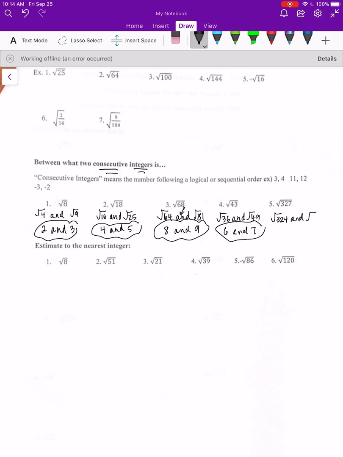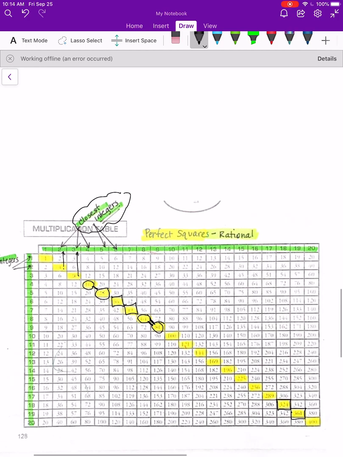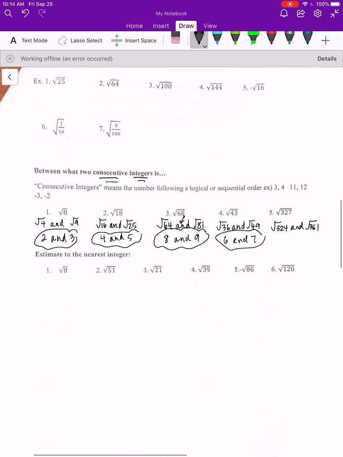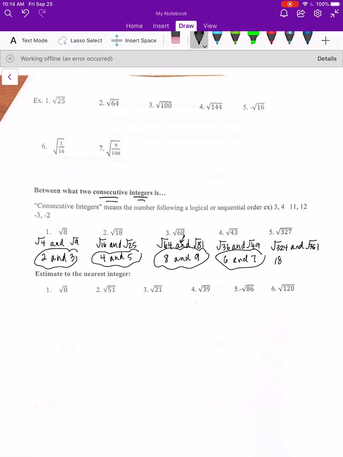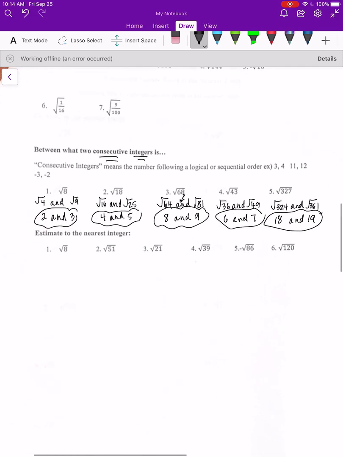If you didn't look, the square root of 324 is 18. The square root of 361 is 19. So it is between 18 and 19.